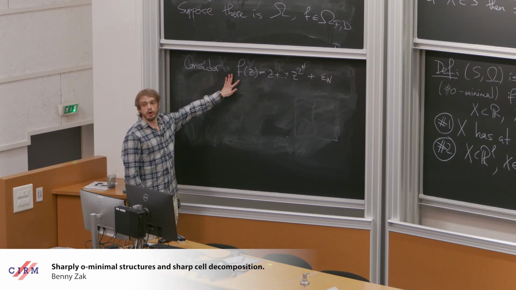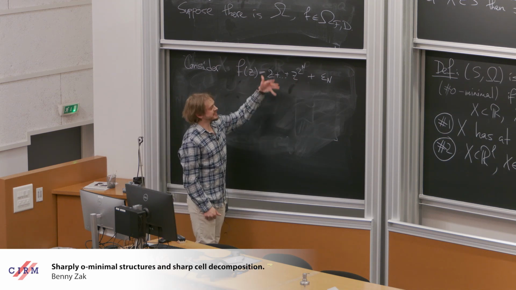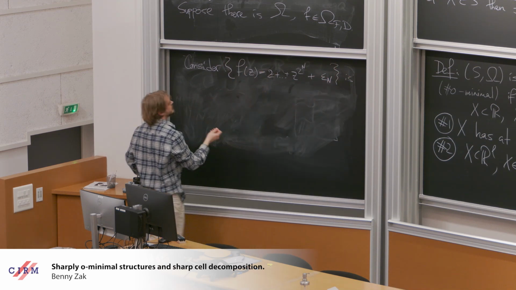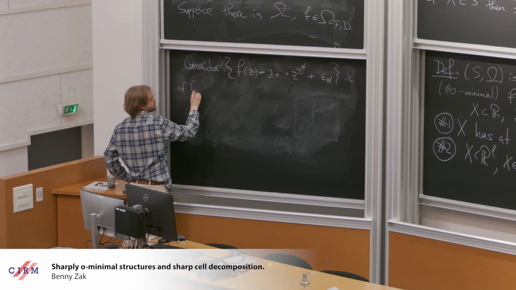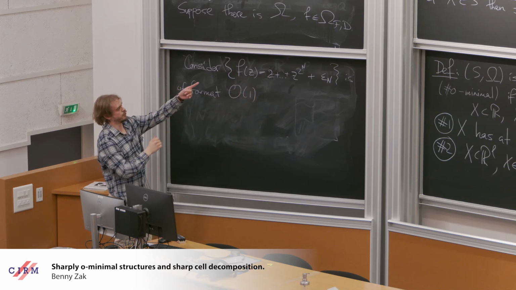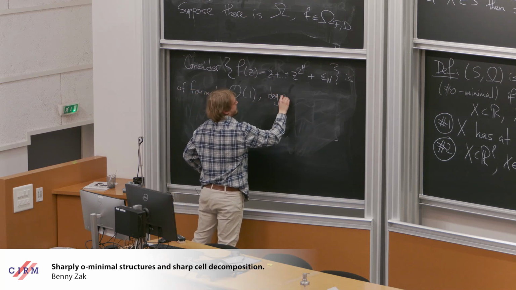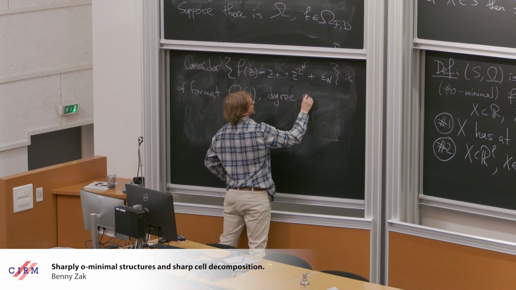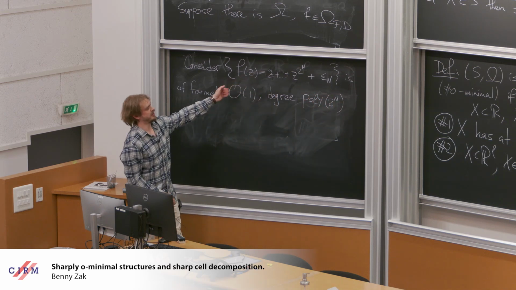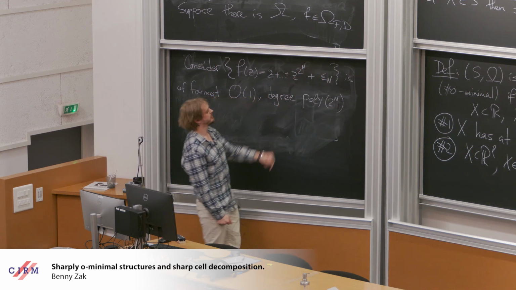So f has some constant format and degree, and this is just a polynomial of degree 2 to the power n. So let's look at this as a set. This set is of format O of 1, no f this time because I'm not moving the format of f, it's just some kind of constant format. And it has degree polynomial in 2 to the power n. So really it has degree a polynomial depending on the format of f in 2 to the power n, comma, the degree of f, but these are fixed.